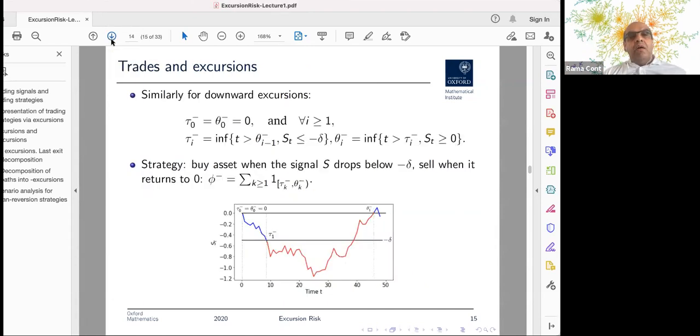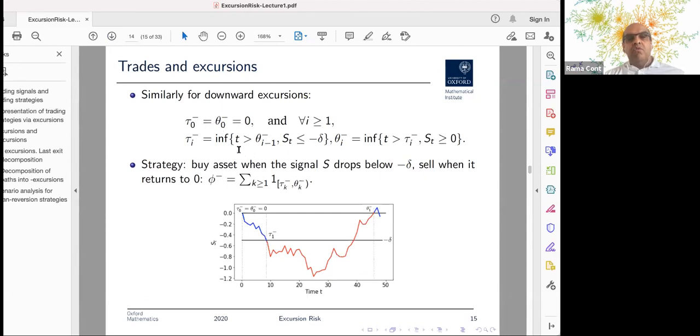And so here I give the example of when the signal goes up to delta and then back to 0. But of course, you can do exactly the same thing for downward excursions. So I can define similar level hitting times, tau minus, theta minus.